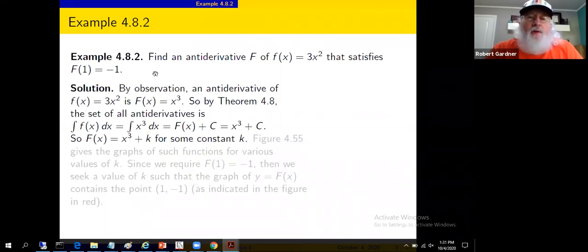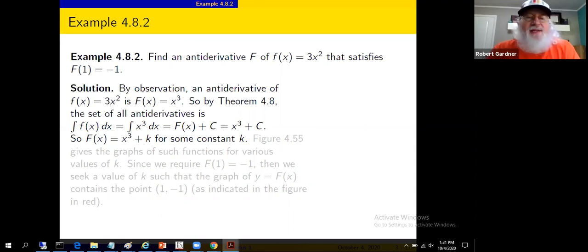Okay. Now, we don't have just yet an organized way to find antiderivatives, but I think you can probably guess what we would differentiate to get 3x squared. We would differentiate x cubed to get 3x squared. That checks, right? So capital F of x equals x cubed is an antiderivative of the given function, lowercase f of x equals 3x squared.